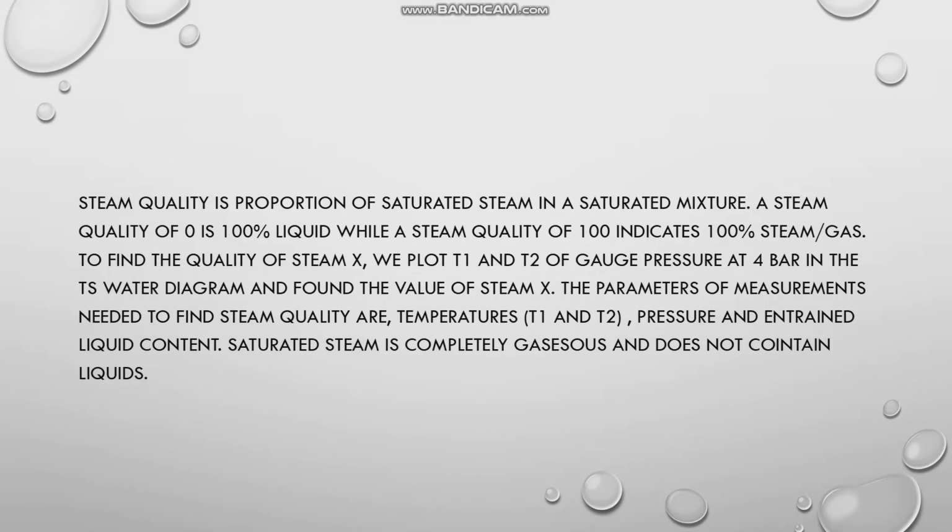To find the quality of steam X, we plot T1 and T2 of gauge pressure at 4 bar in the TS water diagram and find the value of steam quality X. The parameters of measurement needed to find steam quality are temperature, T1 and T2, pressure, and entrained liquid content. Saturated steam is completely gaseous and does not contain liquid.